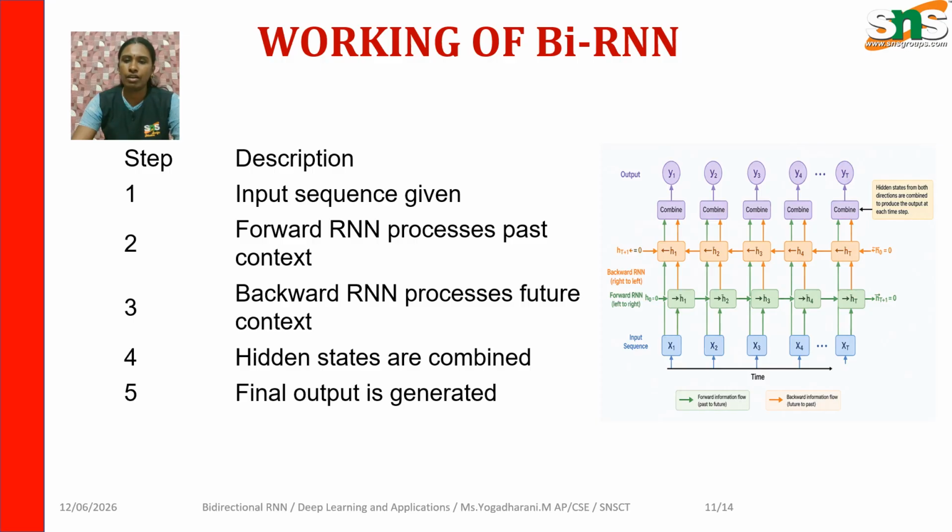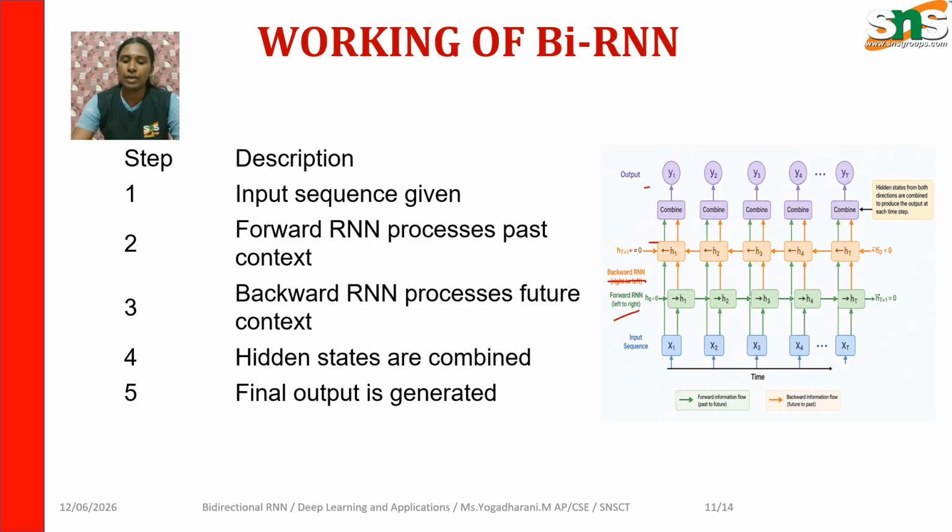This is the working of a bidirectional RNN. In step 1, input sequences are provided. Then the forward RNN learns from the past, and the backward RNN learns the future context. In step 4, hidden states are combined and final predictions are generated.